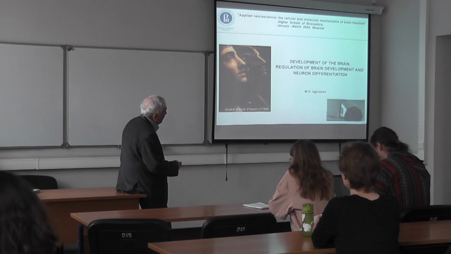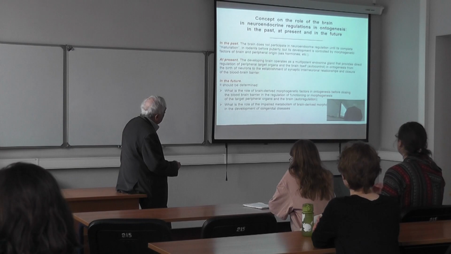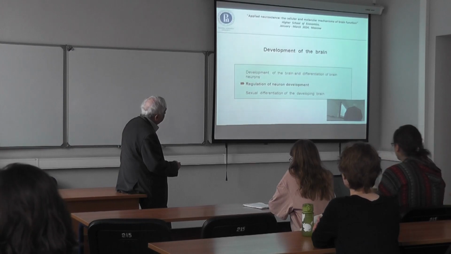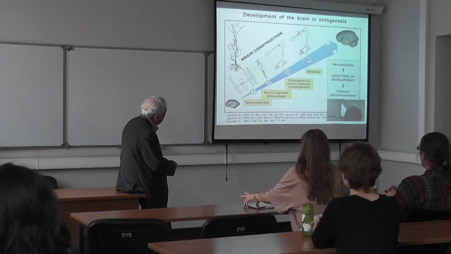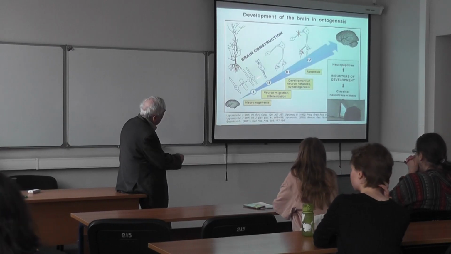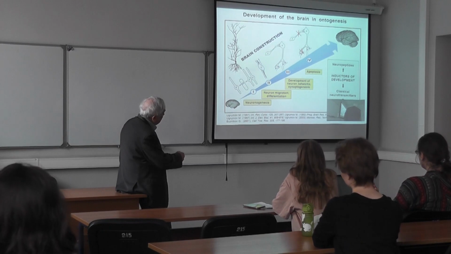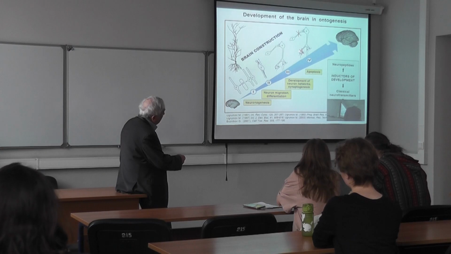Okay, and now let's continue and let's finish this topic: development of the brain and the regulation of the brain development and brain differentiation. Let's go to the point which is called regulation of neuron development. This is a schematic representation of the neuron development, of the establishment of interneuronal relations.